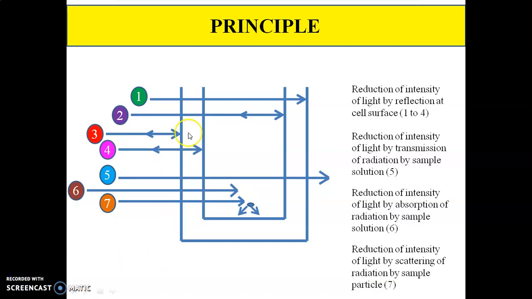When a light is incident upon a homogeneous medium, a part of the incident light is reflected, a part of the light is absorbed by the medium, and the remaining light is allowed to transmit as such.